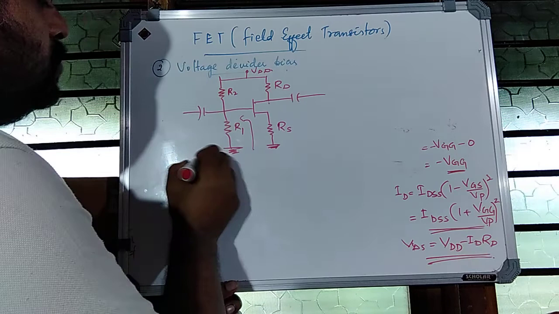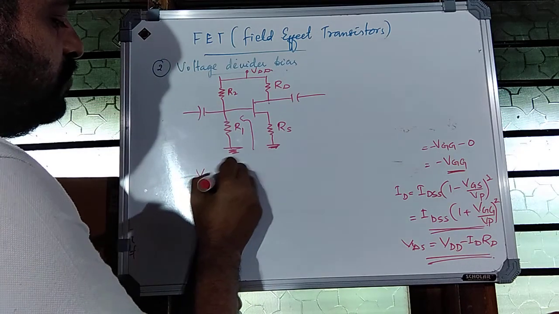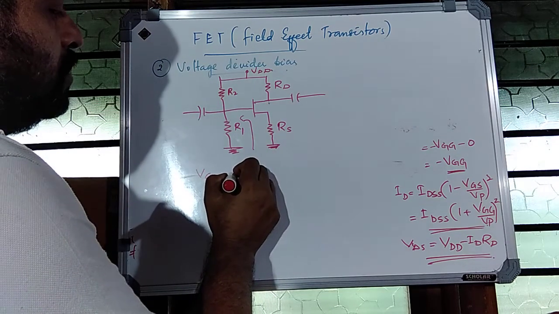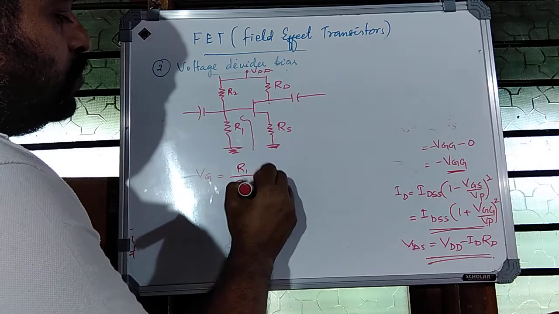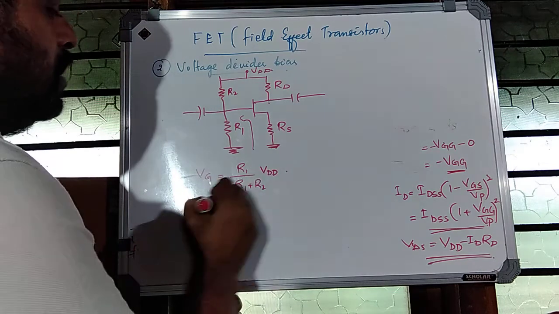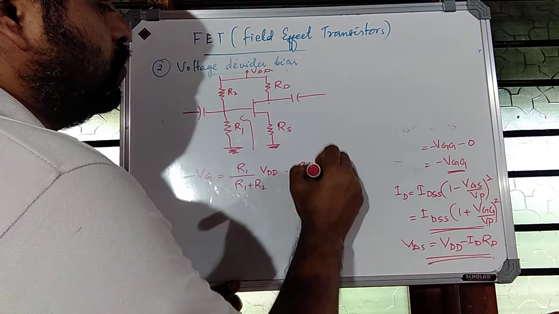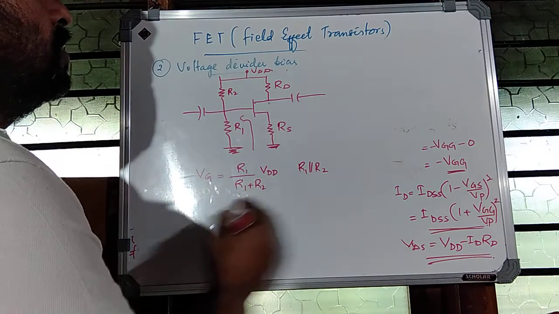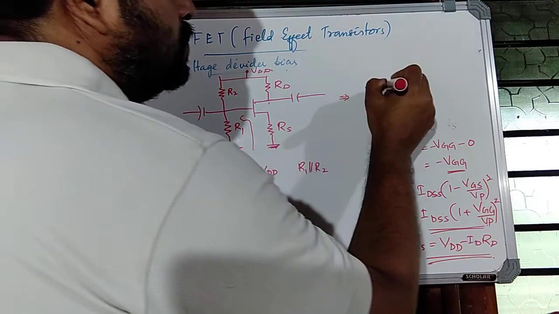The voltage source at the gate terminal VG will be R1 divided by R1 plus R2 into VDD, and the equivalent resistance is R1 parallel R2, connected in series with the VGS. Then we can redraw this circuit.